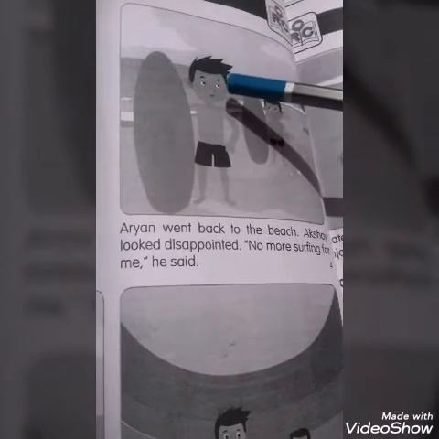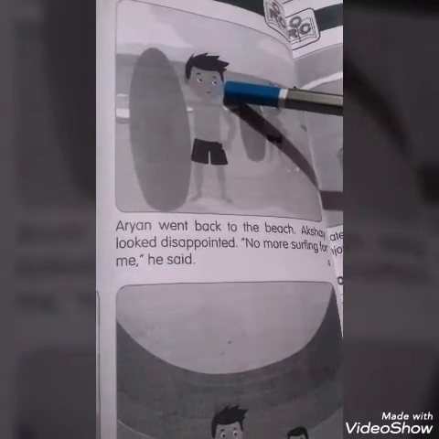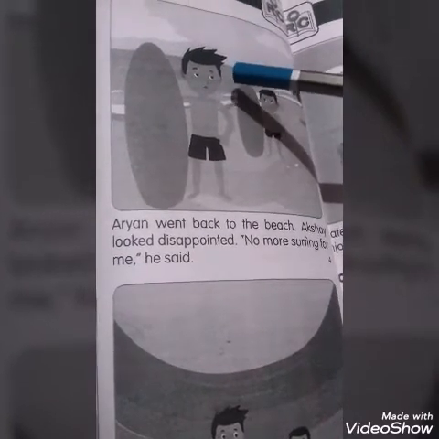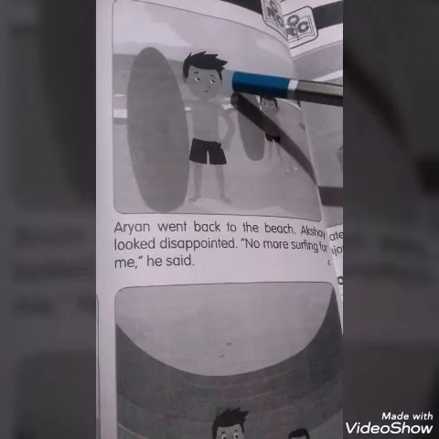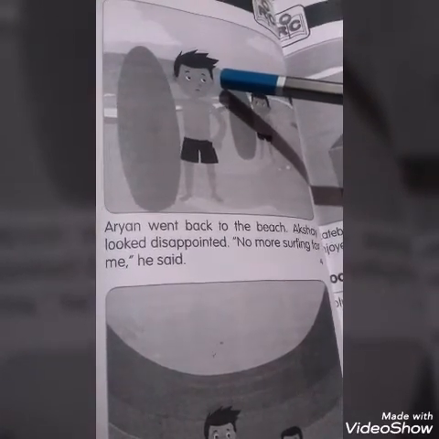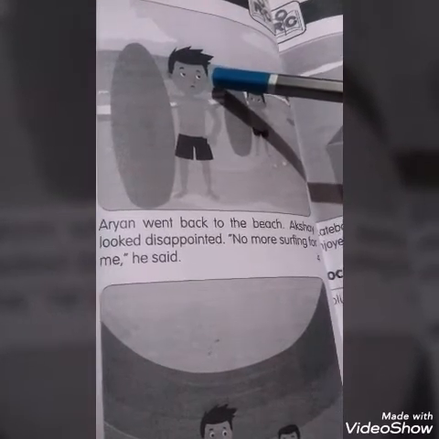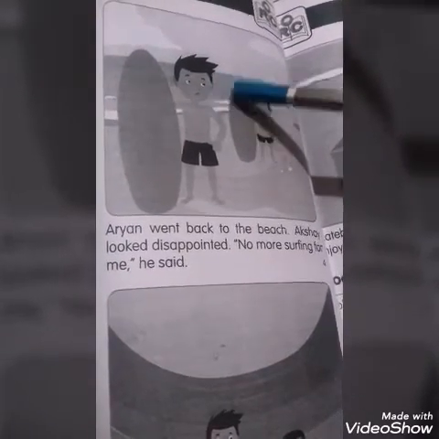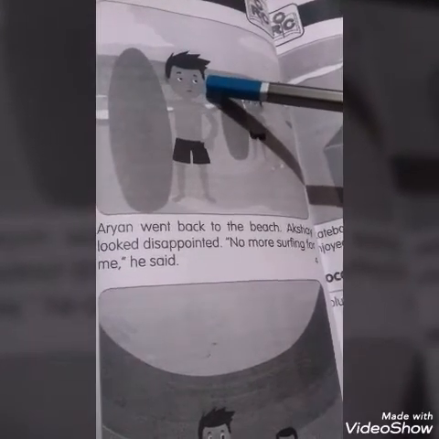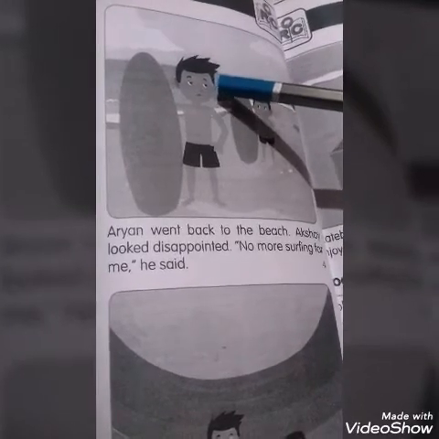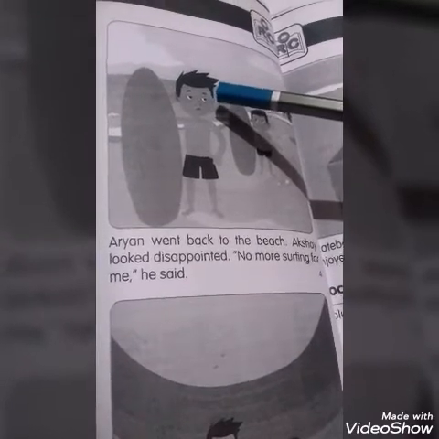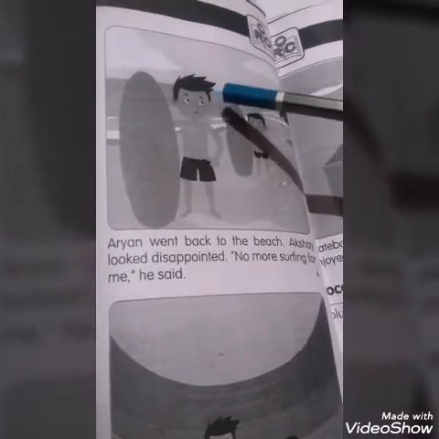Look at the face of Akshay. Akshay looked disappointed. What is the meaning of disappointed? Sad, isn't it? He looks sad. Akshay looked disappointed. Not happy, isn't it? Okay.